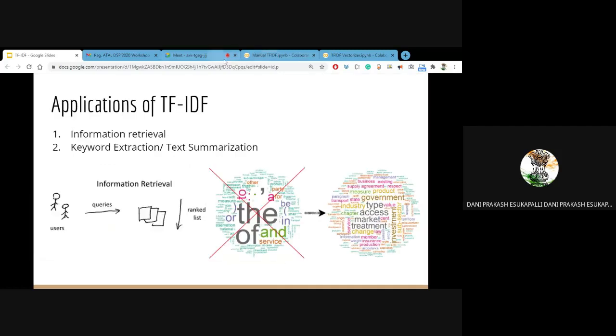The applications of TF-IDF are, first, information retrieval, and then keyword extraction and text summarization. In information retrieval, we obtain information that is relevant to a query from a collection of documents. We'll have some examples on information retrieval and keyword extraction.